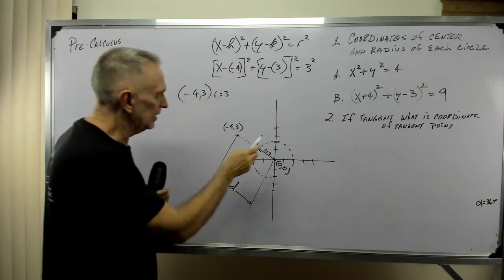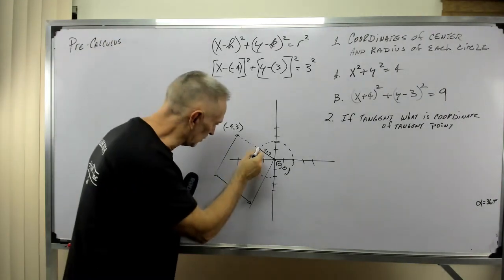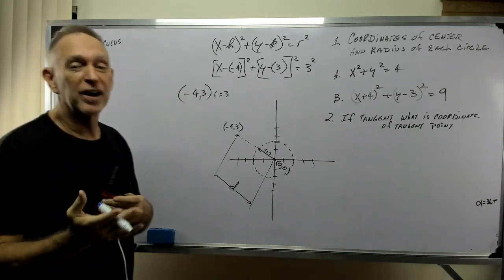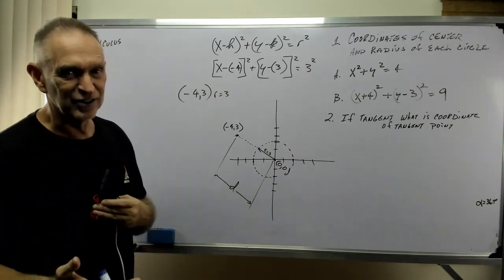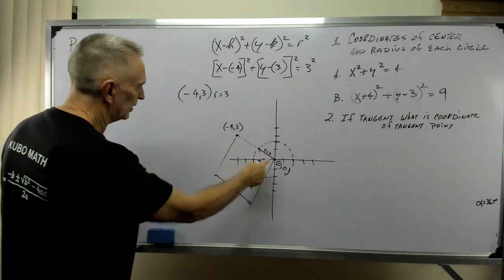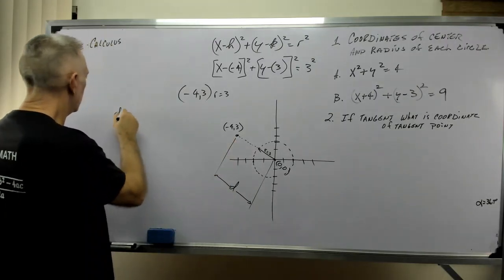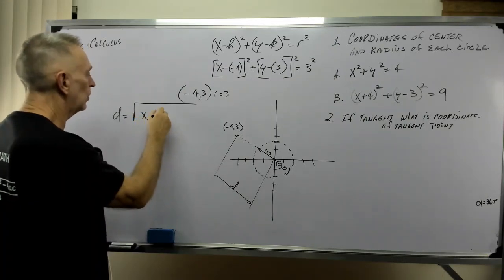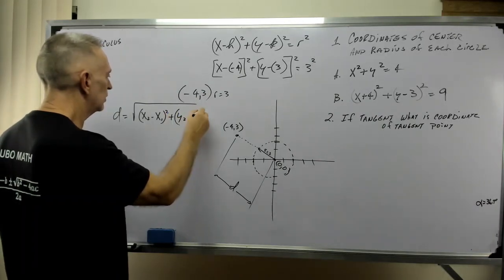And if that's the case, we've got to do number 2 here and find the coordinates of that spot. Now you probably already have assumed that since I wrote number 2 up there that they are tangent, but let's make certain. Okay. All right, so the distance, we could say D, equals the square root of (x sub 2 minus x sub 1) squared plus (y sub 2 minus y sub 1) squared.